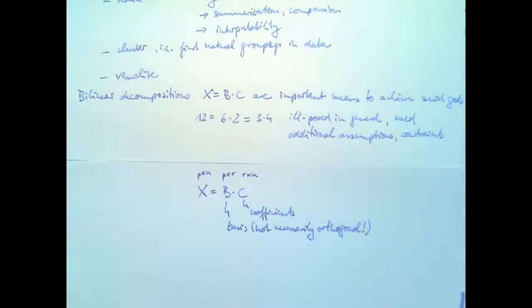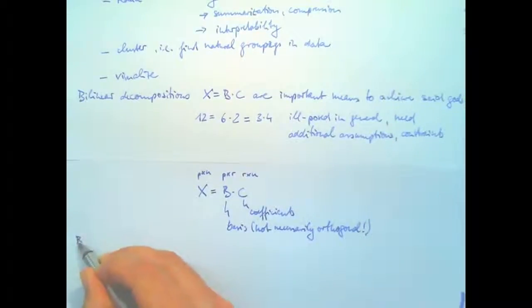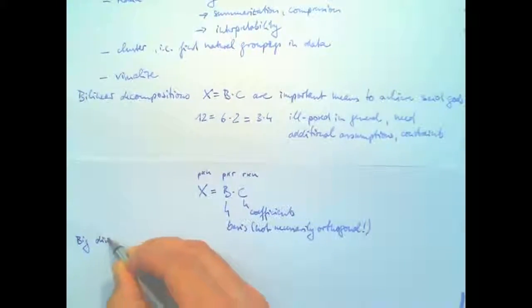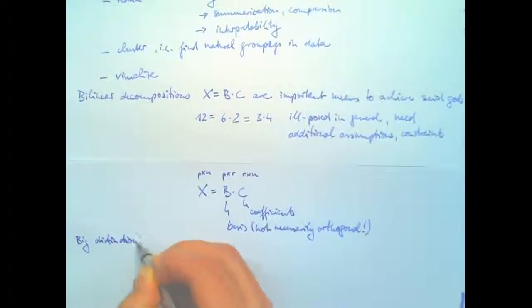Now, we have a big divide, a big watershed, according to whether this basis B is pre-specified or if I learn it from the data itself. So we have two important cases.